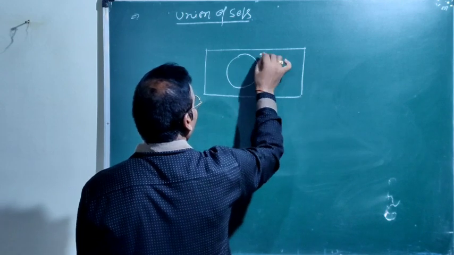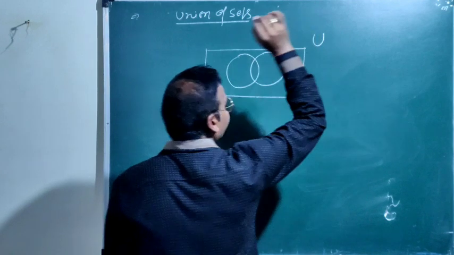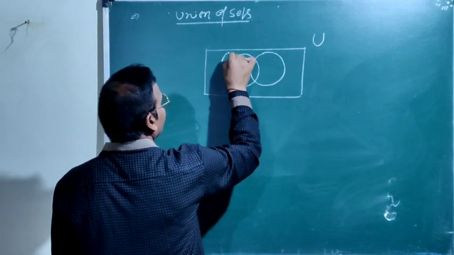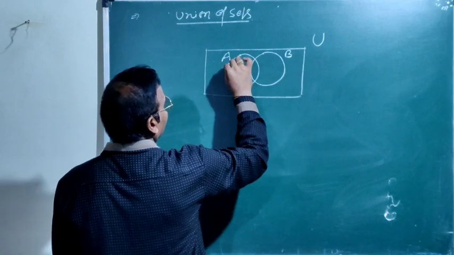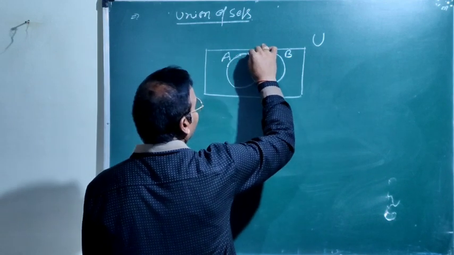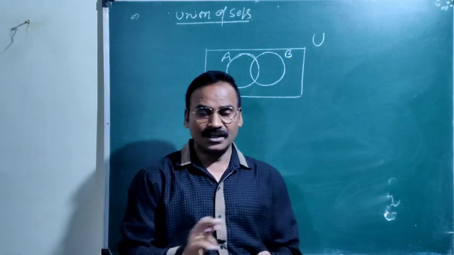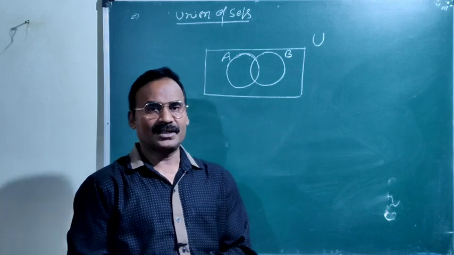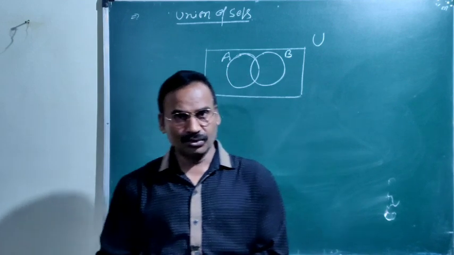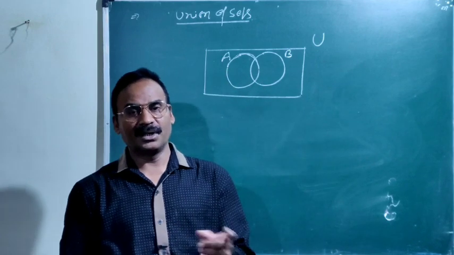This is U, the universal set, and these are the subsets of U. In the union of two sets we take all elements from A and B both, but no element must be repeated and no element should be left.